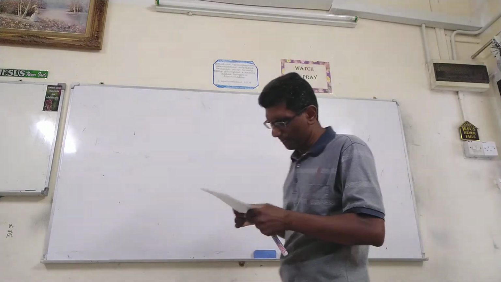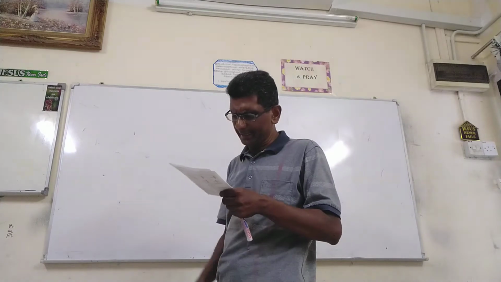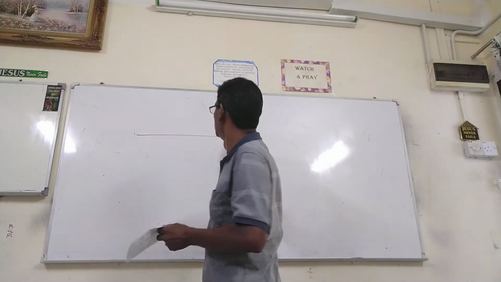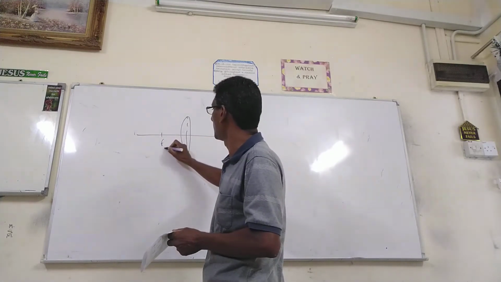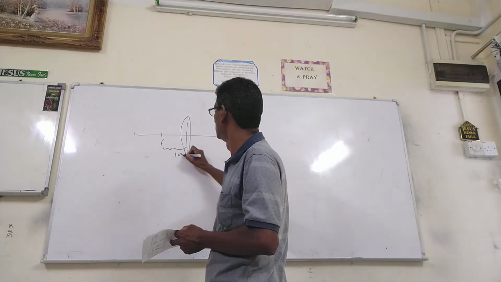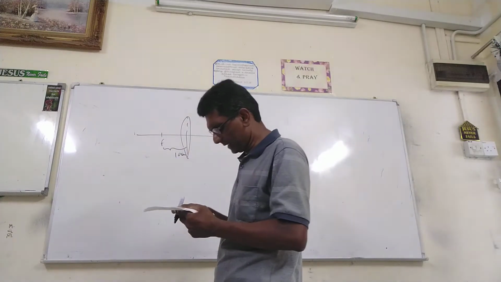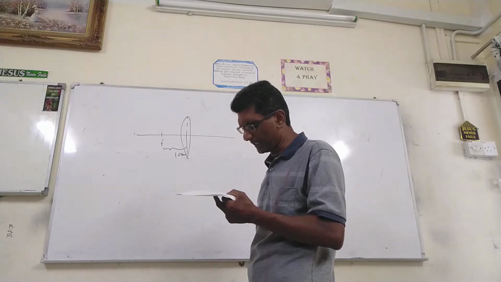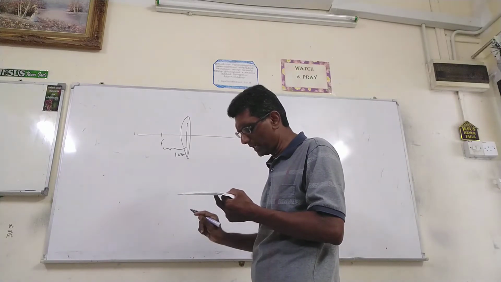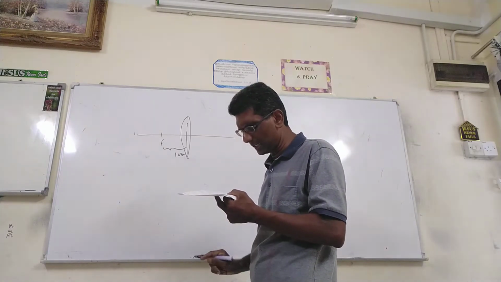Okay, question 11. The focal length of the convex lens is 10 cm. A 4 cm tall object is placed 6 cm in front of the lens.